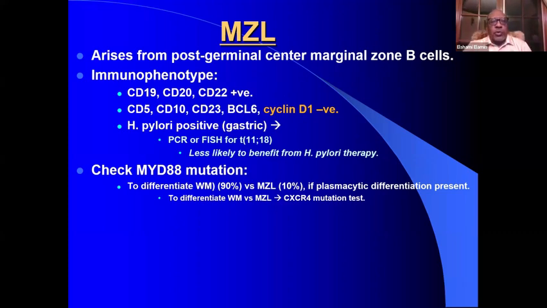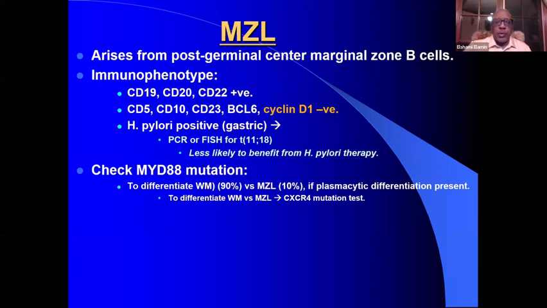All the time we need to check for MYD88 mutation to differentiate Waldenstrom from marginal zone lymphoma, especially if there is plasmacytic differentiation present. And to differentiate between them, you do genetic testing for CXCR4, which is characteristic of Waldenstrom rather than marginal zone.